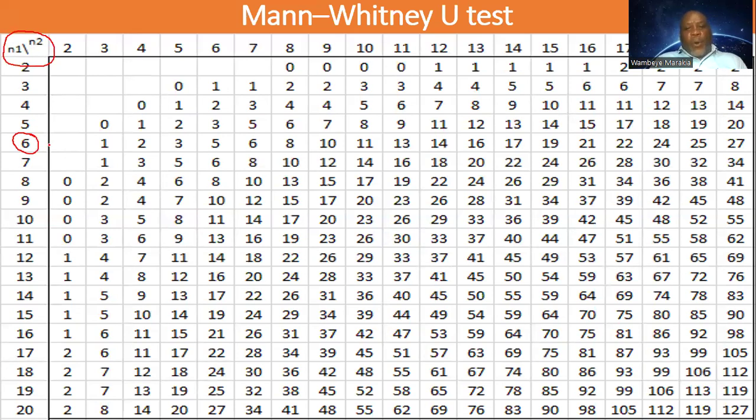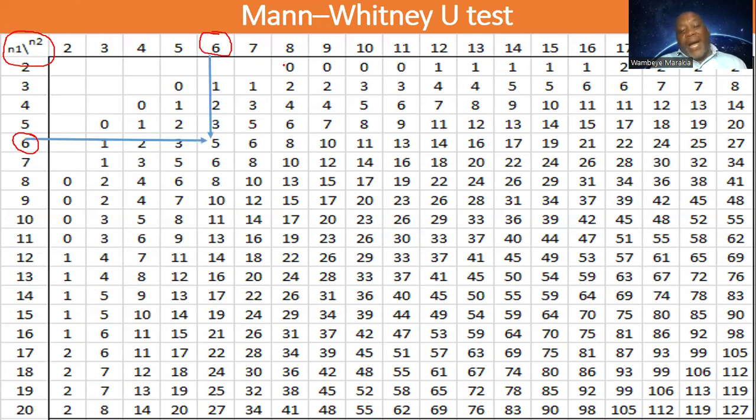Then we move across. We have the sample size N2. The sample size for N2 was 6, and 6 is up there. I have circled it. Then we go down until the two intersect.